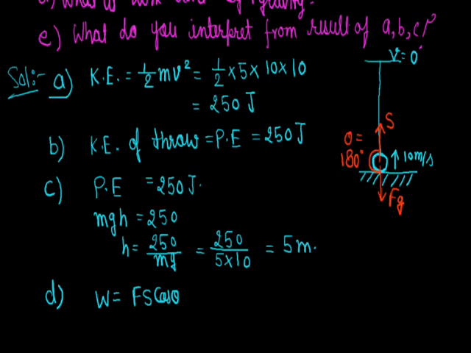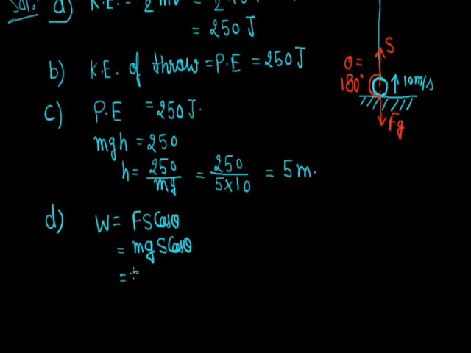When we put these values in this equation, force will be the weight of this object, so it is mg s cos theta. m is given, which is 5 kilogram, g is 10, s is 5 meter as we have calculated in the C point, and theta is 180 degree. As we know, cos 180 equals -1. So we get the work done by force of gravity will be -250 joule.